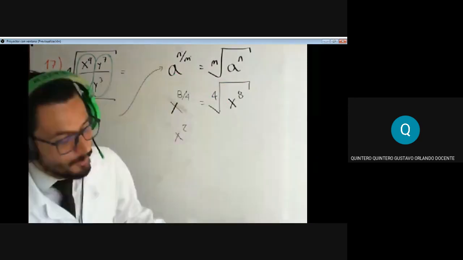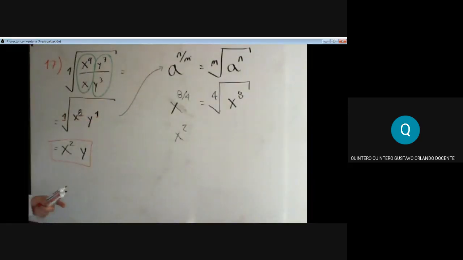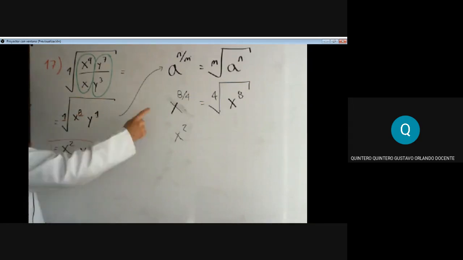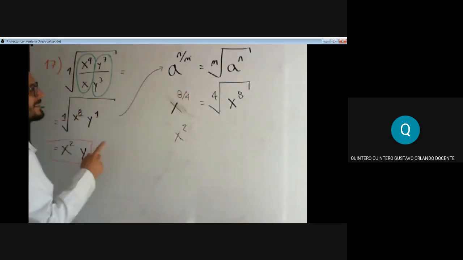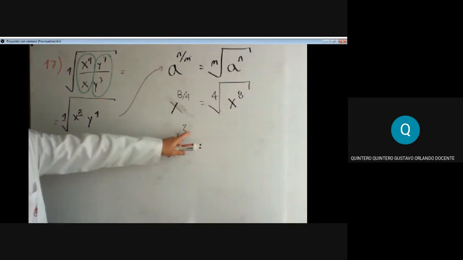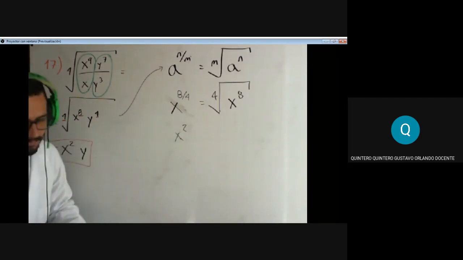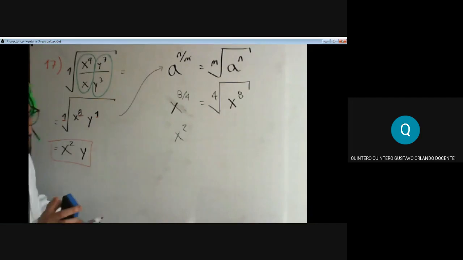Now, that property is absolutely beautiful, and it helps us a lot, but only when the exponent and the root can be easily divided. If they are not easily divided, we have a decimal here, and that sometimes can give us mistakes.